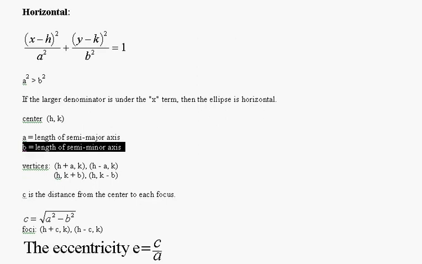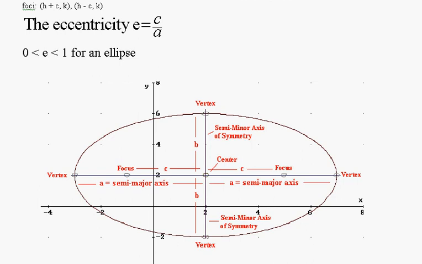If we look for a moment at the picture again, you'll see that the vertices are located where the major axis of symmetry intersects the ellipse, and where the minor axis of symmetry intersects the ellipse. There are 4 vertices. So we can use A, the distance from the center left and right, to find 2 of the vertices.